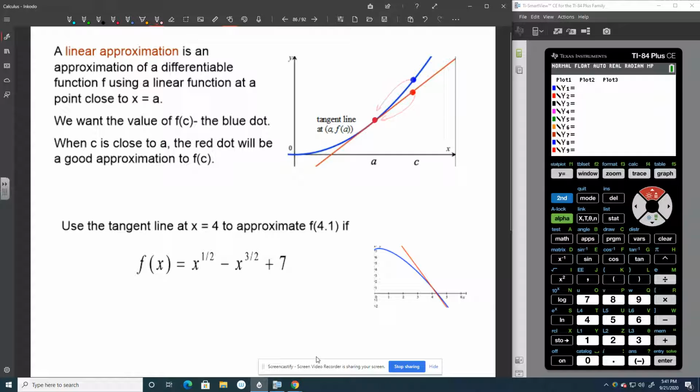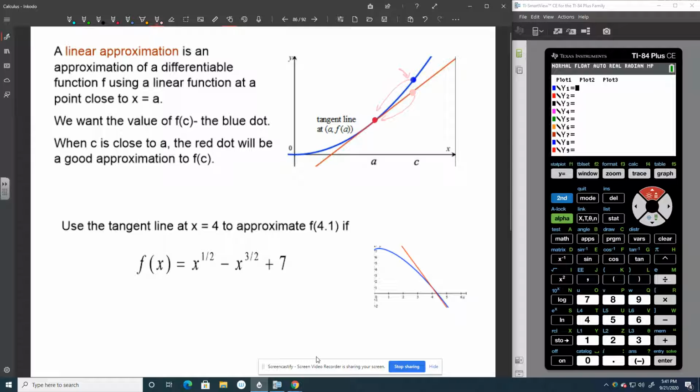So instead of looking at what happens to my y value for my original function, what if I just look at the y value of my tangent line as I get closer? Because it's a lot easier to find a value on a tangent straight line than it is to find a y value of a crazy ugly curve.